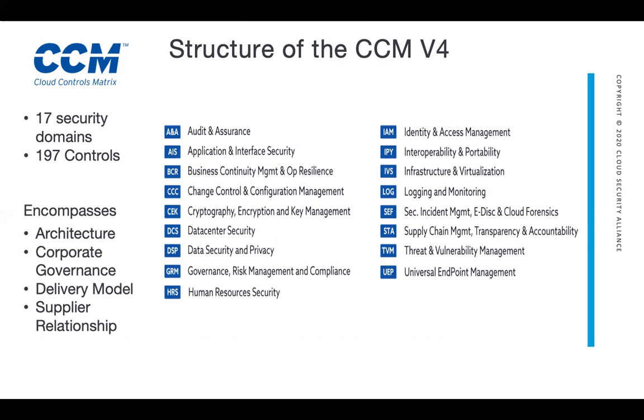It is comprised of a total of 17 domains compared to 16 of version 3, and about 50% more controls. That is from 133 controls of V3 to 197 in the new version. We are going to take a deep dive into some of the main changes shortly.